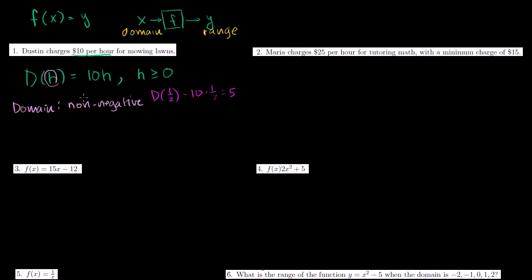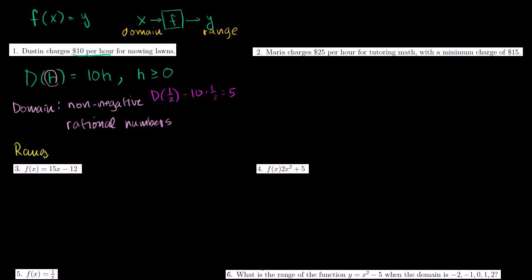So if we want to be really cute about it, we would say non-negative rational numbers. And these are just numbers that can be expressed as a fraction, which are most numbers, just not these numbers that keep not repeating and all of that. So non-negative rational numbers is what he can input in here.